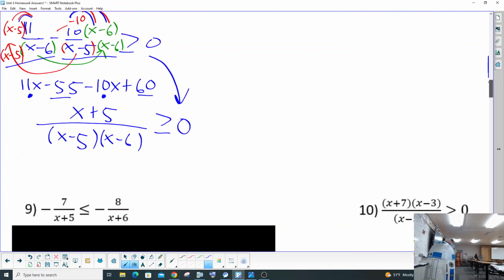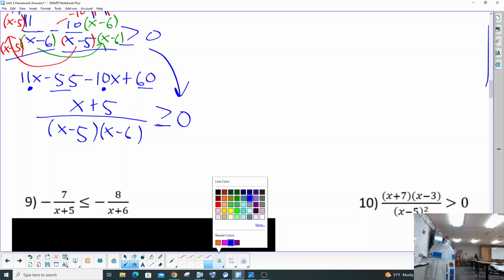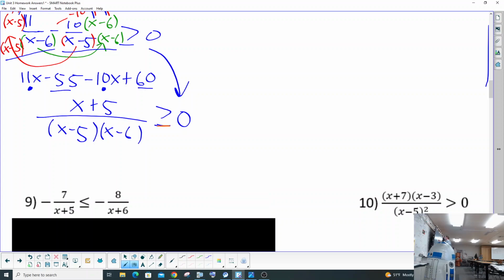Okay, so now we can actually do the problem. Remember, there's an equal to there. What does the equal to mean? The equal to means that the top, x plus 5 set equal to 0, gives minus 5 to the other side. So at negative 5 on our number line, we're going to have a closed hole.